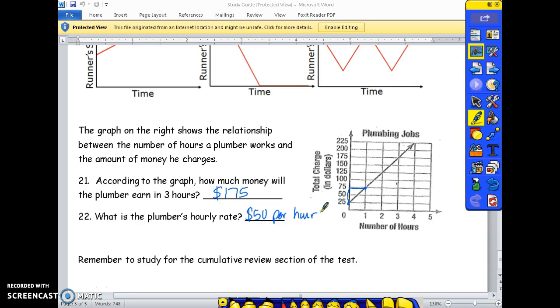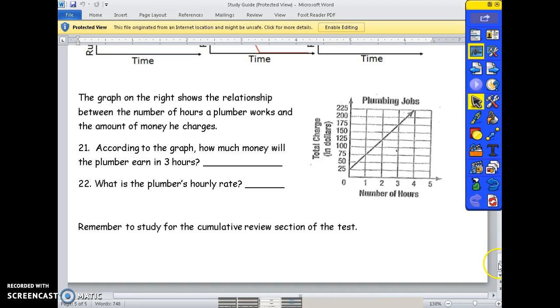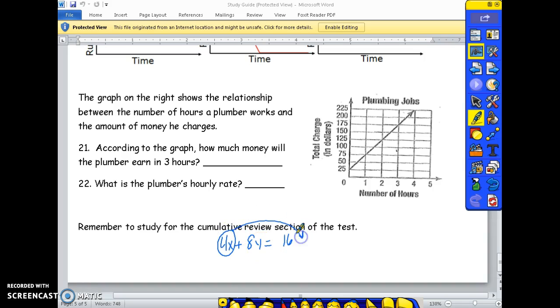Remember to study for the cumulative review of this section that encompasses units 1 through 4. And one other thing you need to remember is how to isolate a y variable. So if we have 4x plus 8y equals 16, to get y by itself, we have to move 4x to the other side.